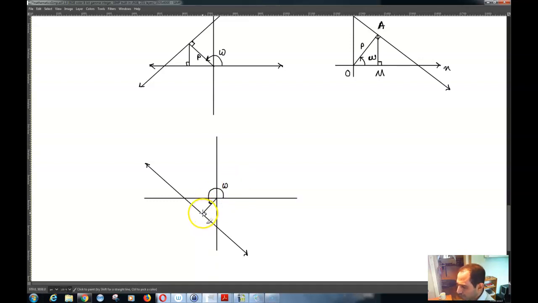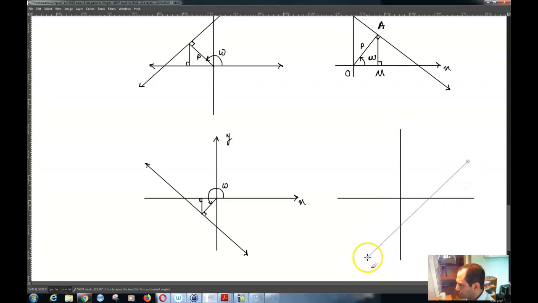Or you could have it in this last position, with this being the perpendicular distance, this your omega, and this P.